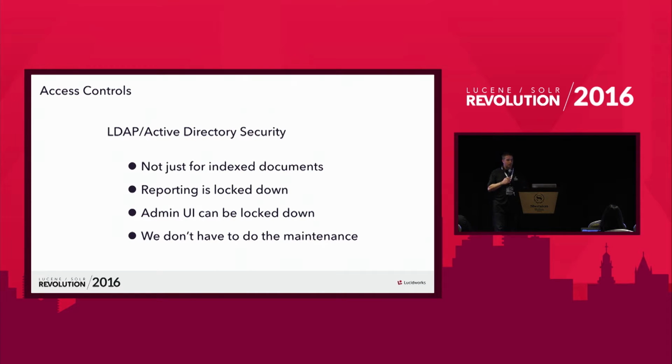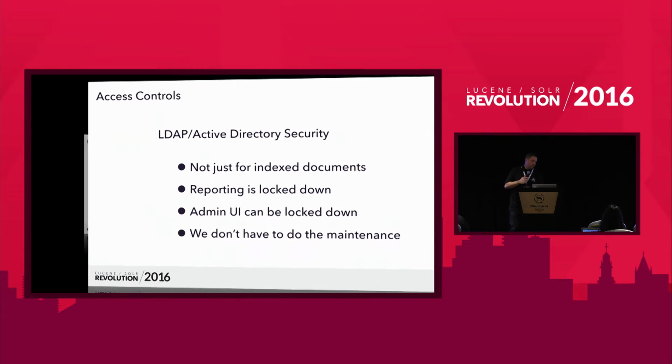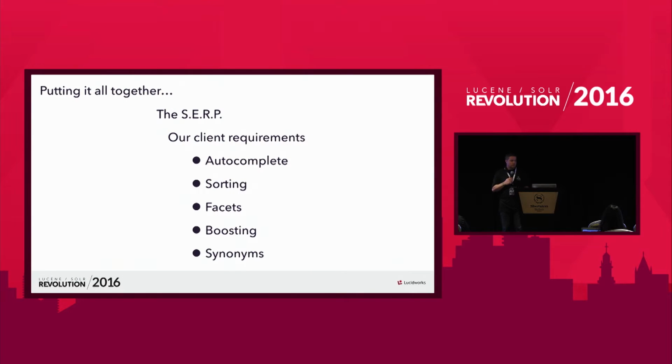We don't want them to be able to hit the clear data source collection, the clear data source, because then they lose all their documents. It happened just before we figured out how to do this, so we found that one out the hard way. And again, back to that point, we don't have to maintain this because we already have Active Directory in-house.